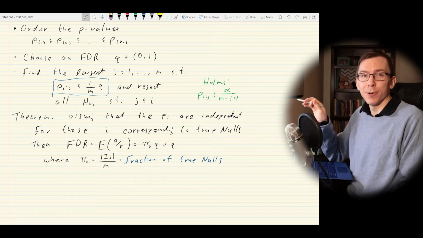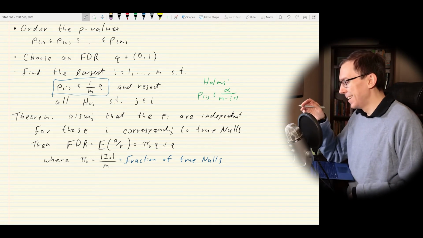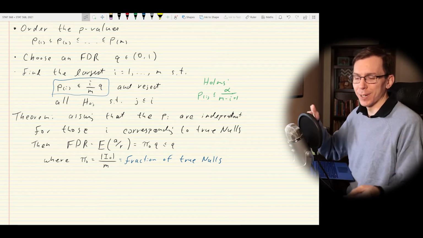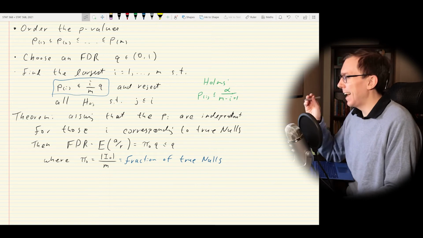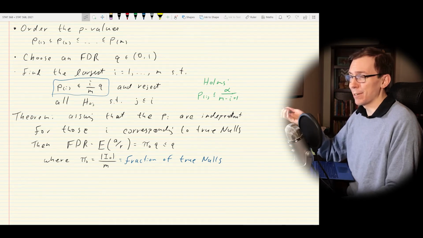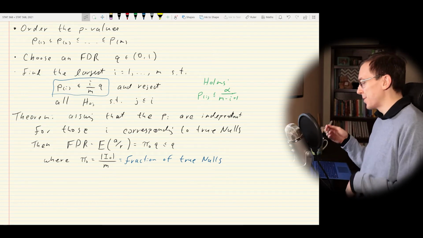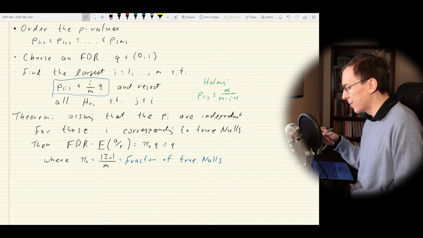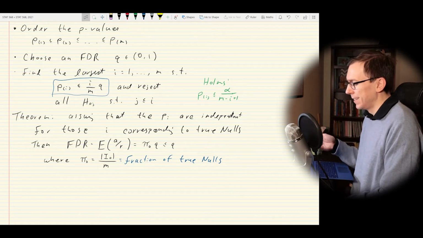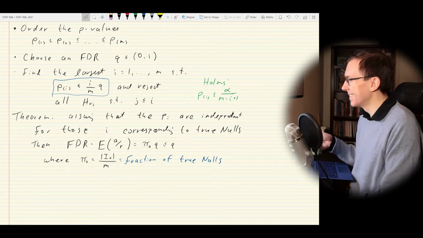We're going to talk about this more when we get to factorial designs, because there we're going to be testing 2 to the whatever hypotheses, and one of the main assumptions in that section is sparsity, in the sense that we assume that most of the effects are not interesting and only a few of them are. So at least in that case, our pi naught would be close to 1, because we assume that I naught is close to m, if that makes sense.